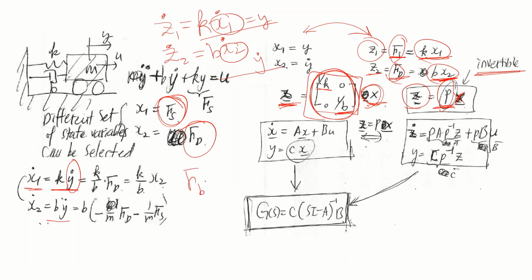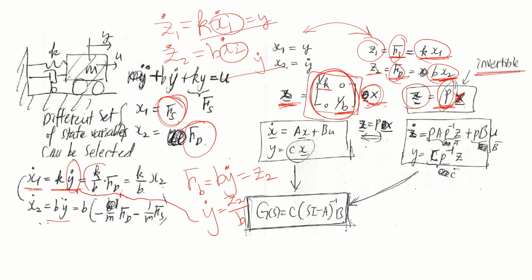Fb, the damping force. Is it b? Yes, b. Fb is b times y dot, right? We call this z2, and so y dot is z2 over b, and you just plug in here.